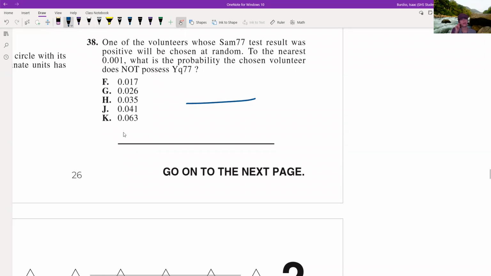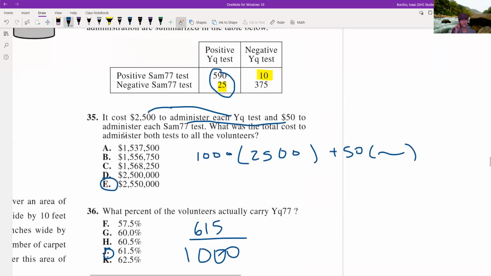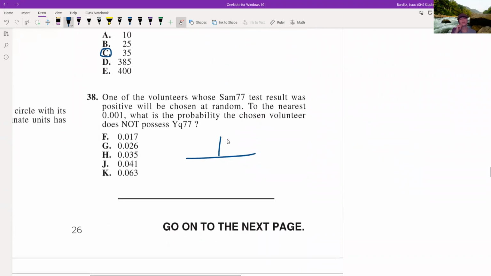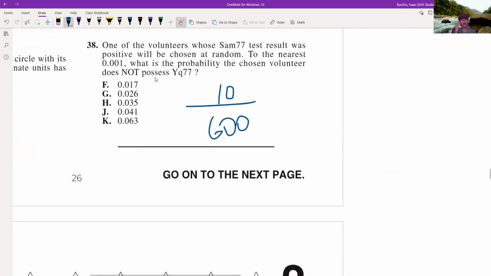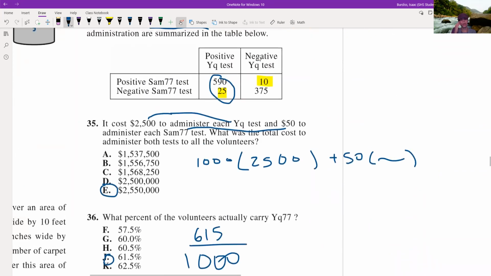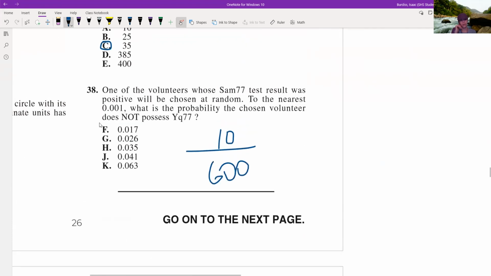That was SAM negative. SAM positive is, okay, sorry, it is 10 out of 600. Here's why: it's saying, what's the probability that they will not have it? Negative. They will not have it, but Sam said they did. And the total people that were positive by Sam in the first place were 600. Okay, and that is F.